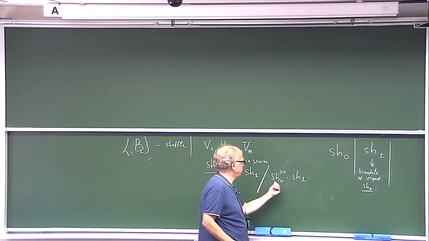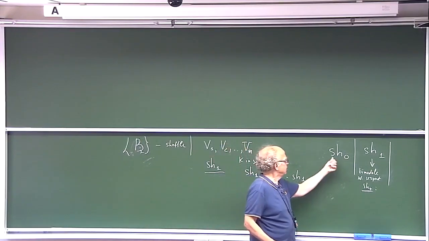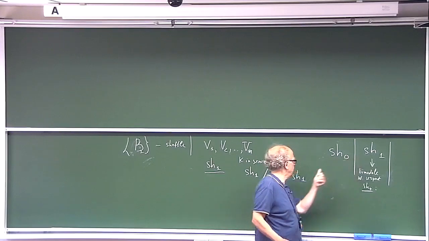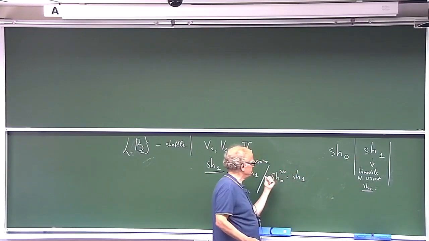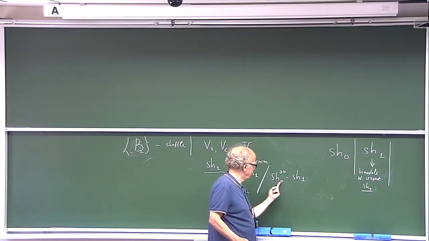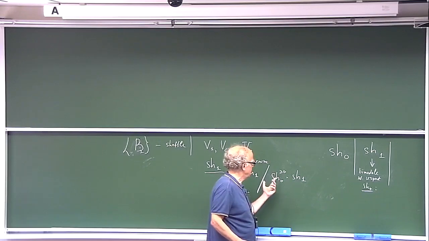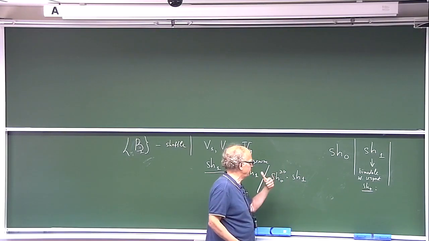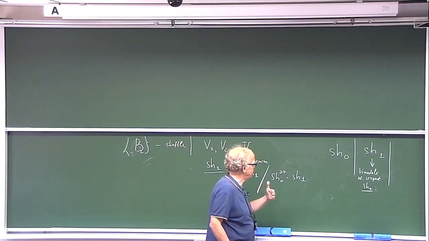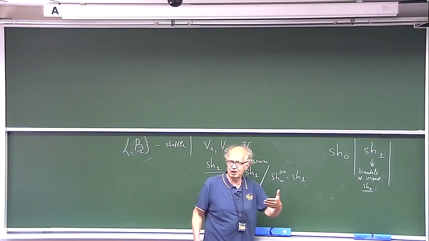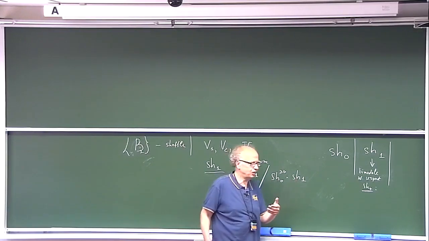Now what does it mean? I add this part to this part. First of all, I'm acting from the right, and then I'm acting by elements of degree bigger than 0. So I'm not acting by 1, but I'm acting by generators, quadratic things, and so on.